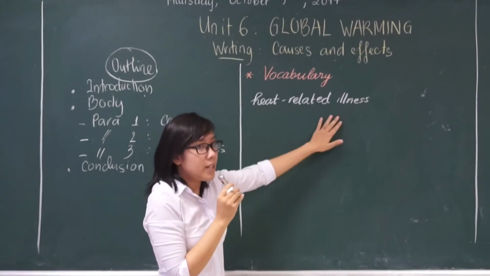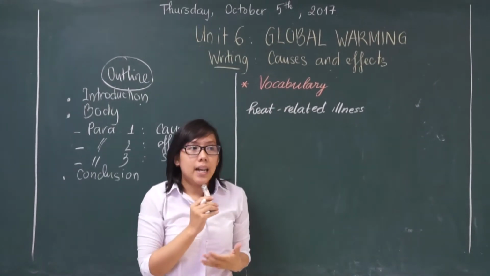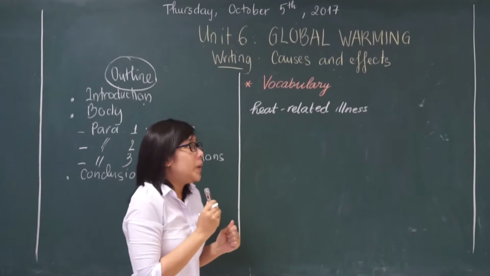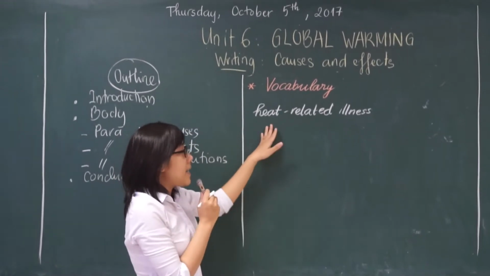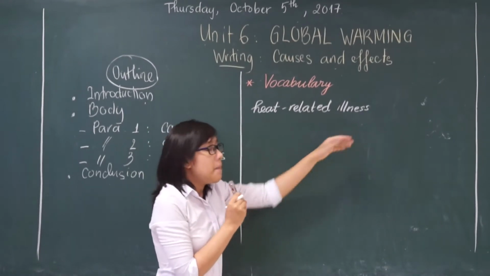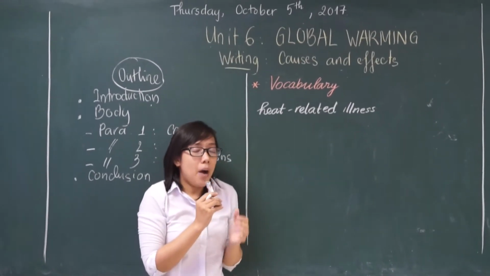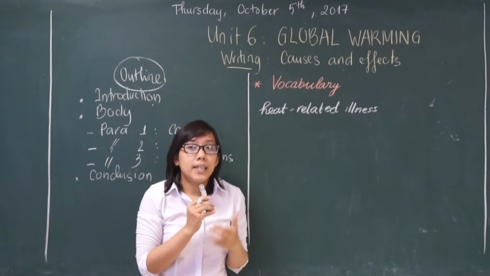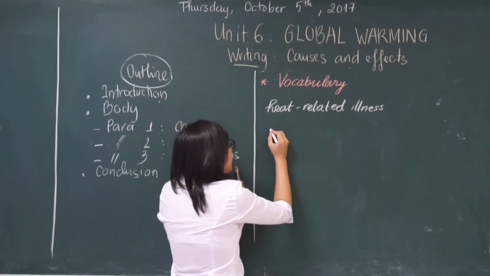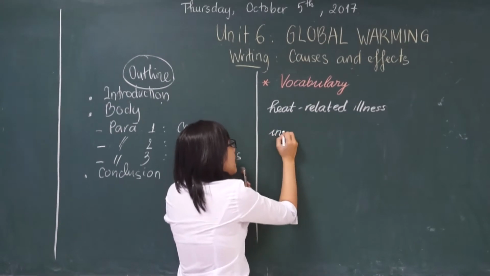This is an illness you may get after spending a lot of hours in severe weather. For example, you may say Tom is suffering from a heat-related illness because he has spent hours playing football under the sun. Okay? The second word is infectious disease.